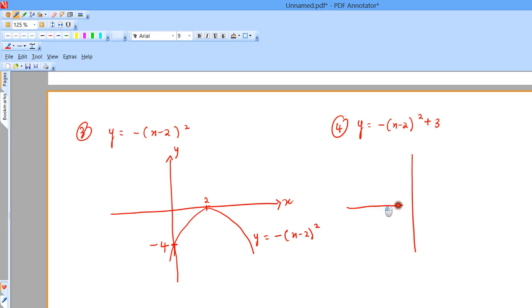So this graph will be 3 units, add 3. The graph will look like this. Here is 2, 3, and then the y-intercept negative 4 plus 3 equal to negative 1, and then we have the x-intercepts here.